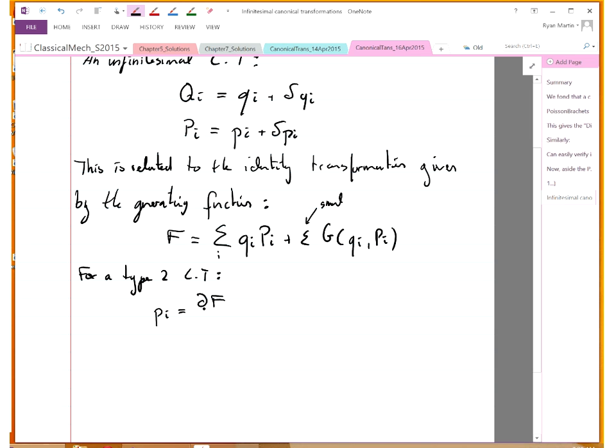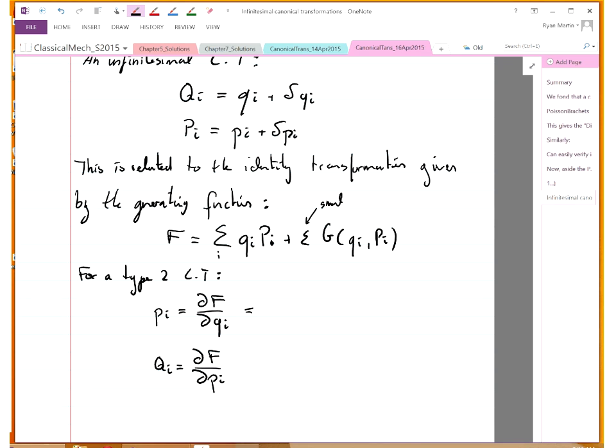So the canonical transformations for type 2 are given by lowercase pi equal to the derivative of F with respect to lowercase qi. That's why I did that example in the summary earlier. And the other one we want, capital Qi, is given by the derivative of F with respect to capital Pi.